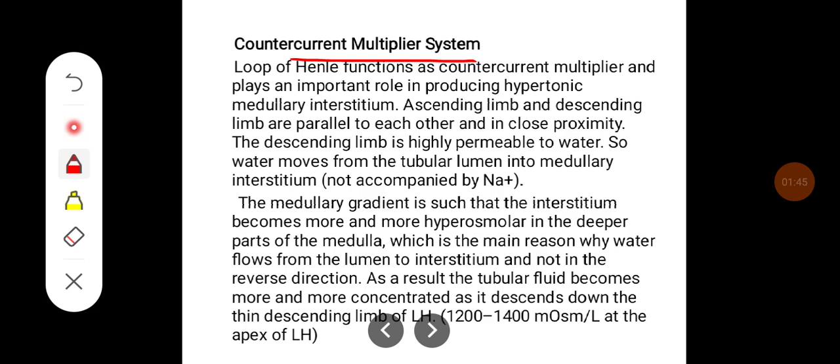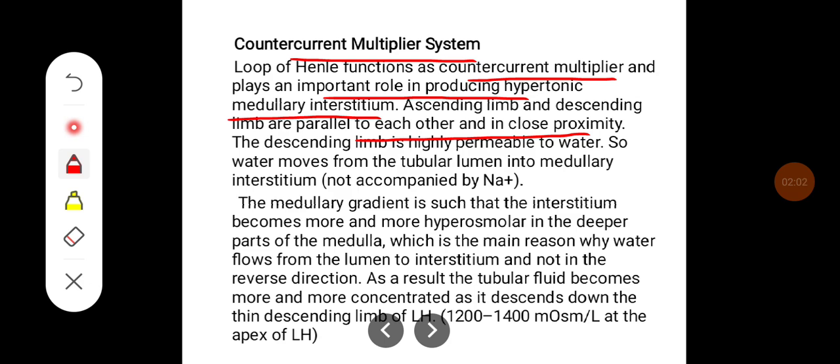Countercurrent multiplier system. The loop of Henle functions as a countercurrent multiplier and plays an important role in producing hypertonic medullary interstitium. The ascending limb and descending limb are parallel to each other and in close proximity.